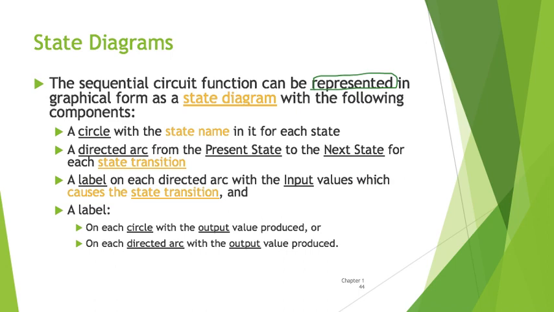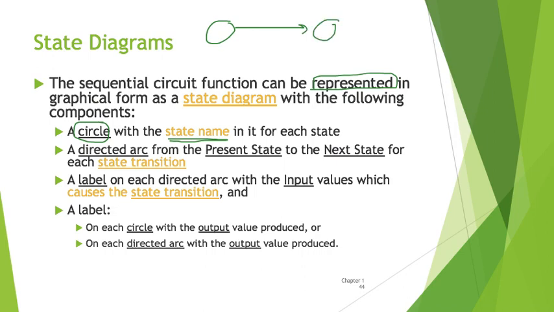What does a state diagram consist of? It consists of circles. Each circle has the state name, so it identifies the state; each state will be identified in a circle. Then I have a directed arc from the present state to the next state for each state transition. So what will be on the arc is what moves me from the state to the next state.